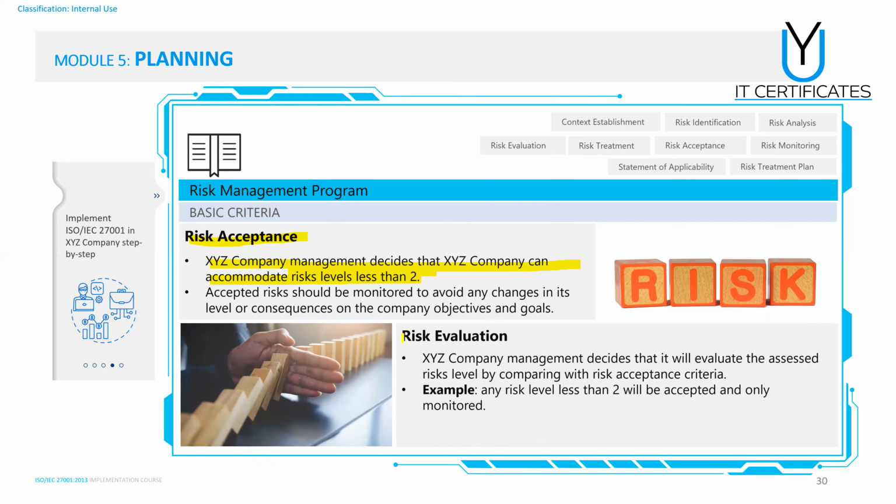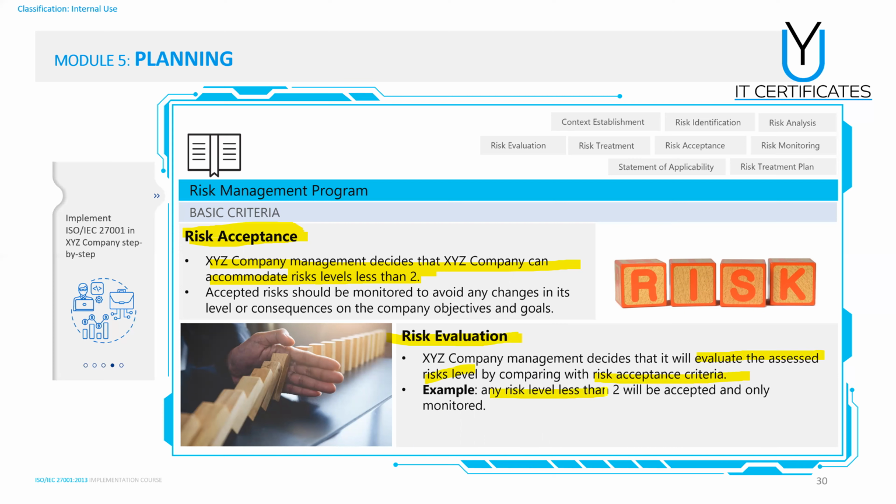And risk evaluation. When we say risk evaluation, this means that you will compare the assessed risk level with the risk acceptance level.